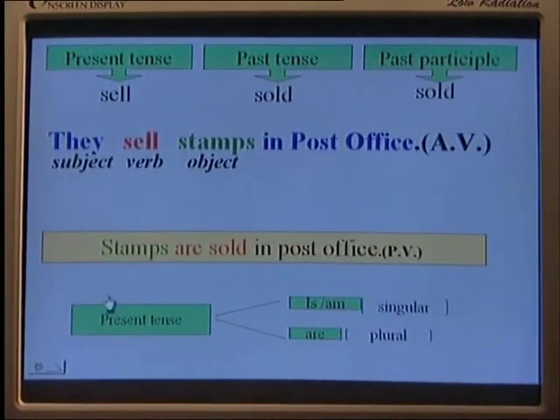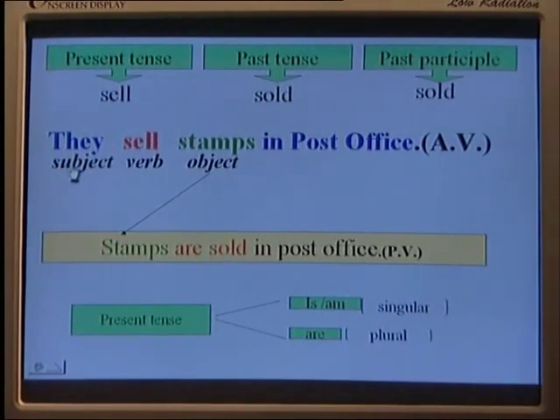See here, look at this, stamps are sold. By them is not used, only the stamps is the object in the active voice, stamps is used here as the subject, because they, it is known already. Stamps are sold by someone, by them, by some people.